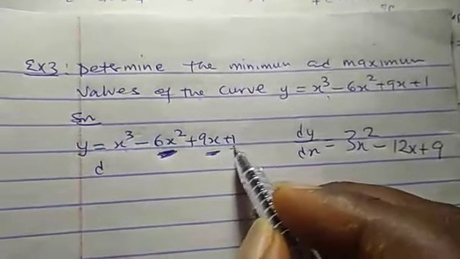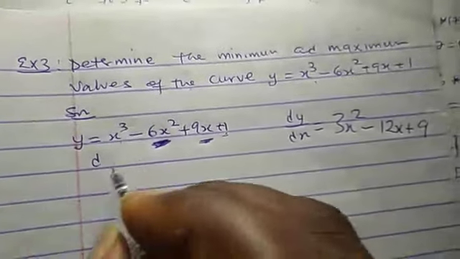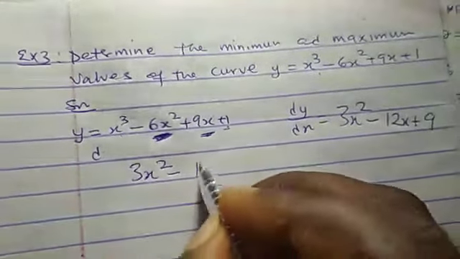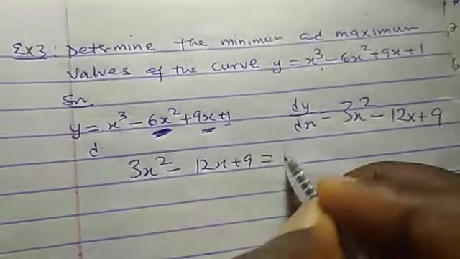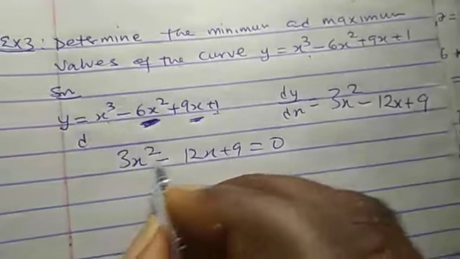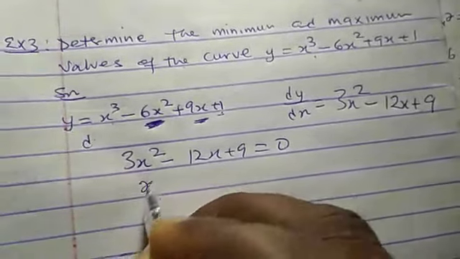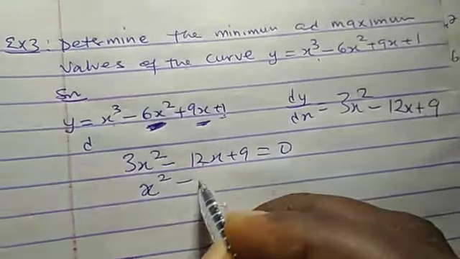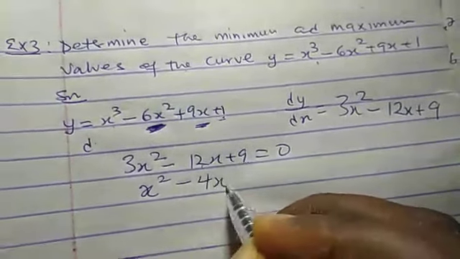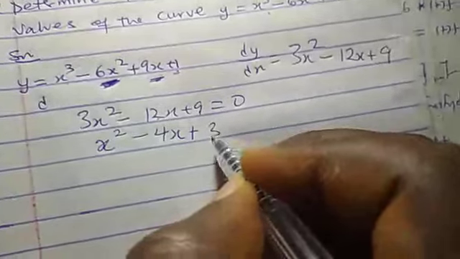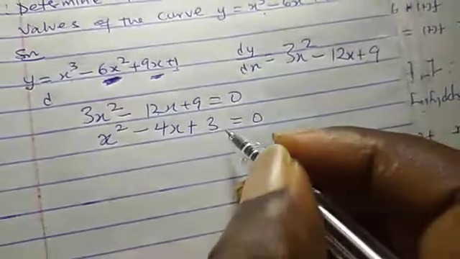But if I differentiate this constant, I will have 0. So that's the first step. Second step, we equate this thing to 0. Now, observe that 3 is common. So if I cancel this, I will have s squared minus 4s plus 3, which is equal to 0.